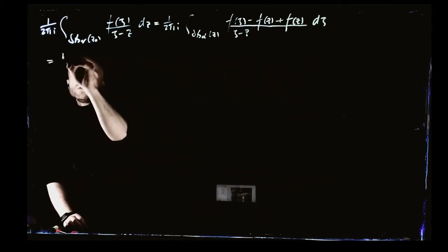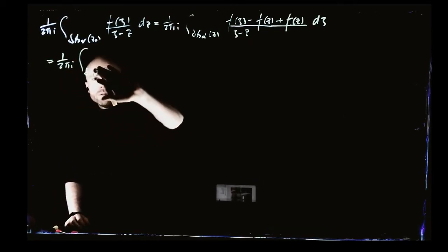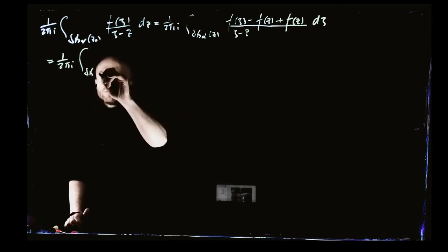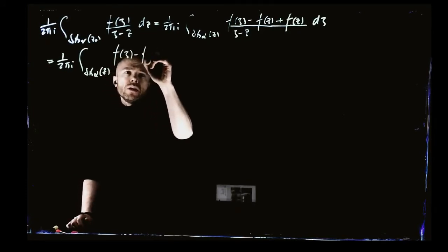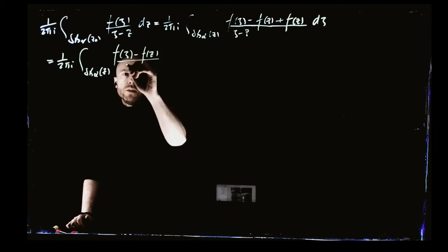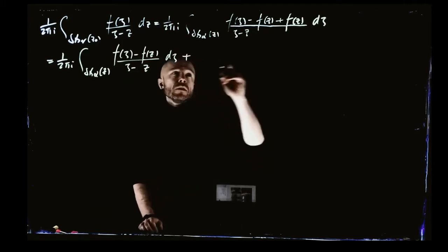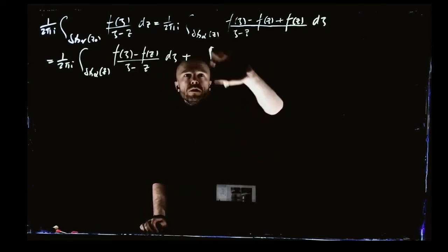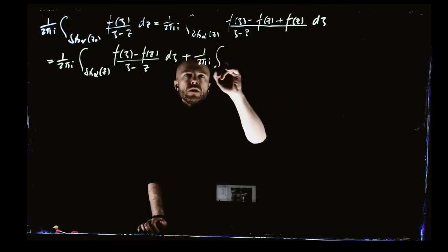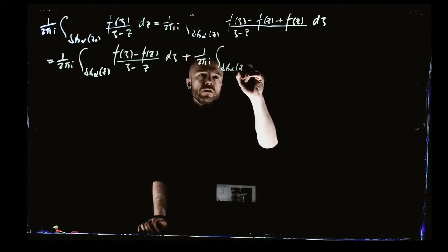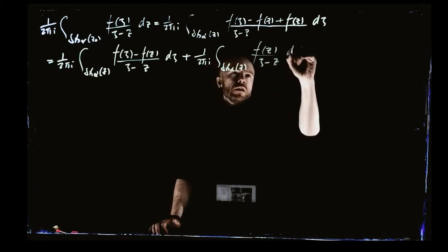So that thing is 1 over 2 pi i, the integral around the boundary of the ball of radius alpha around z, of f of zeta minus f of z over zeta minus z d zeta, and then plus this thing, the 1 over 2 pi i integral around the boundary of the ball of radius alpha around z, of f of z over zeta minus z d zeta, yeah?